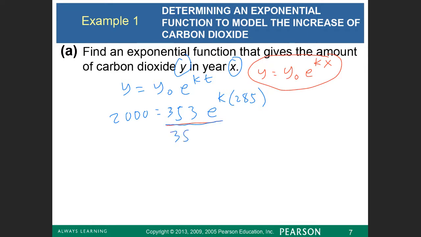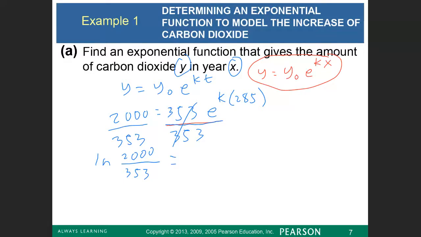So this 353 is gone now. And then we take ln on both sides. The purpose of taking ln on both sides here is so we can bring down our variable k.